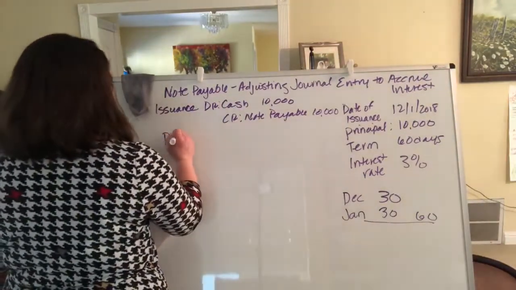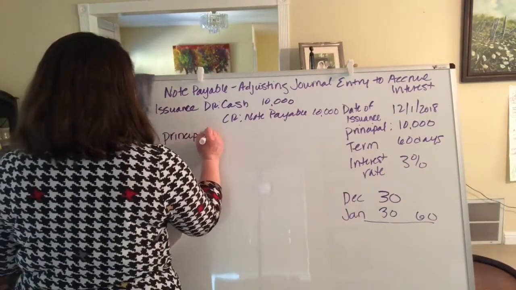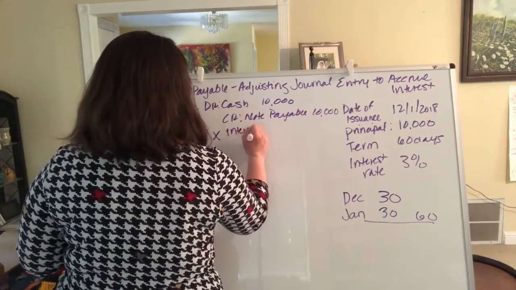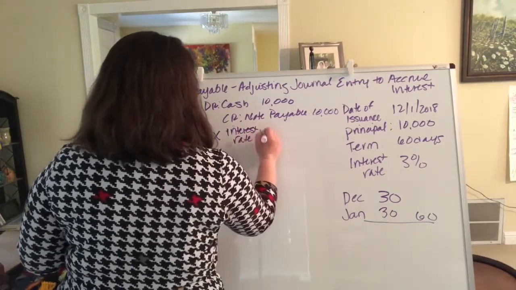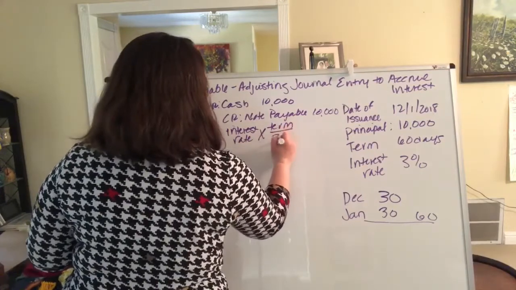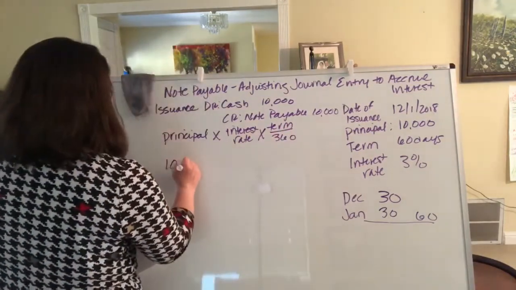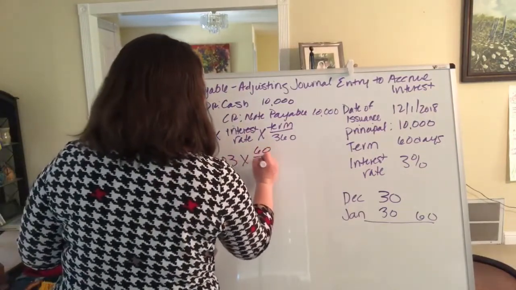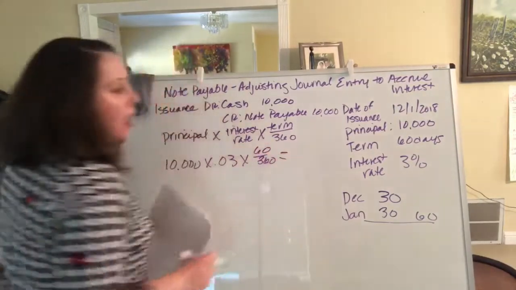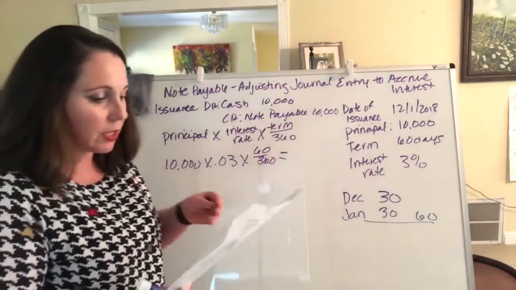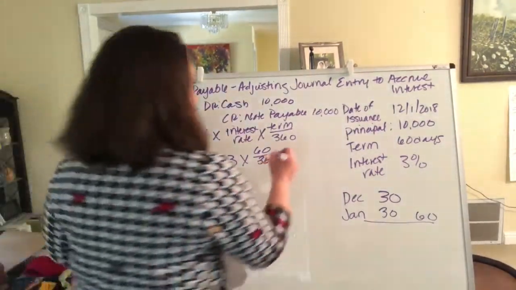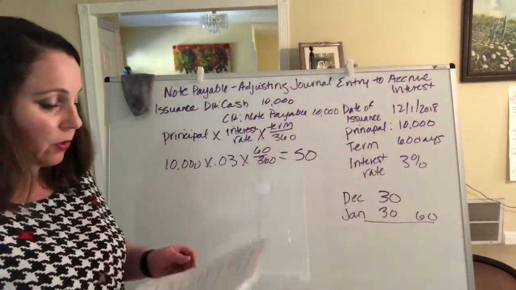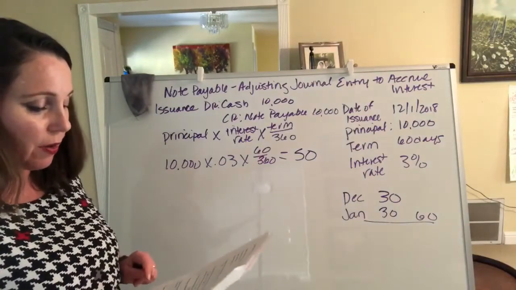It is principal times our interest rate times term over 360, so 10,000 times 0.03 times 60 over 360, and for these things, guys, you can round to the nearest dollar, is going to be $50. So when we pay it off, we're going to have to pay $50 worth of interest. All right, that's good to know.